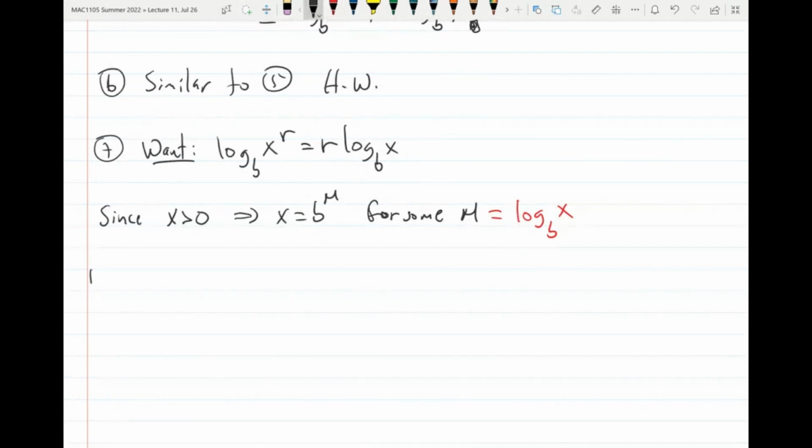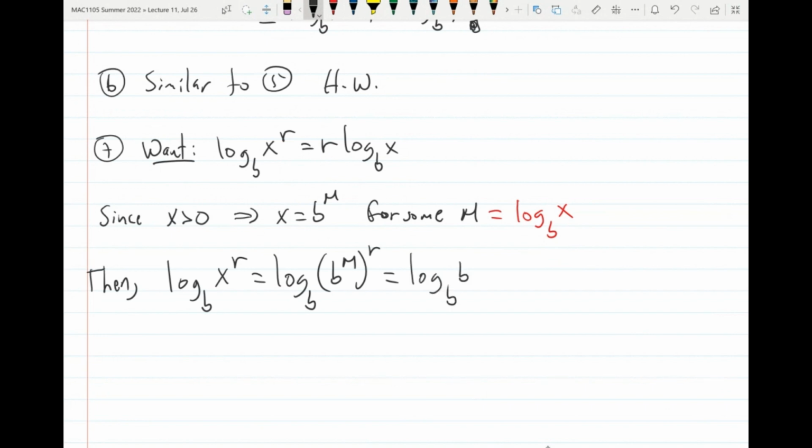So then the left-hand side becomes log base b of b to the m to the r. Now, we use the corresponding property of exponentials. What do we do with the exponents? We multiply them. So b to the r times m. And what is this equal to? This is just r times m, but m is log base b of x.